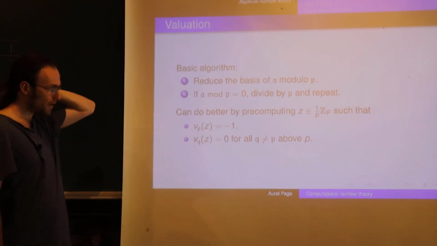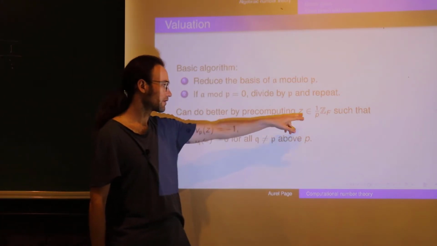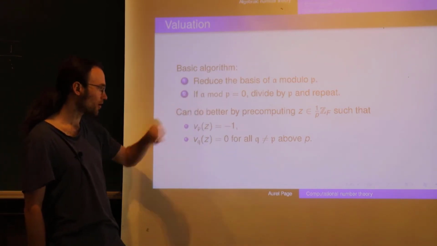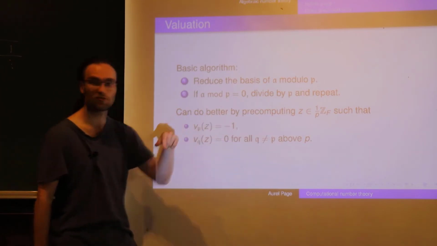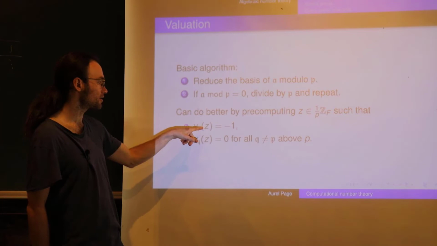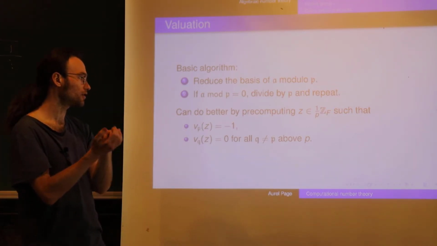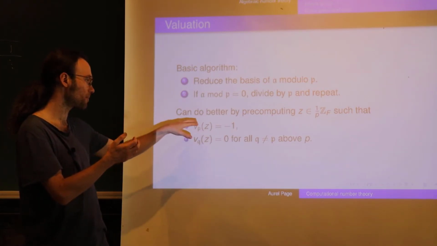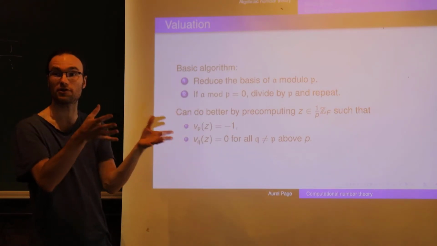You can actually do better if you pre-compute some element with denominator at most P that has valuation -1 at the prime you're interested in, and 0 at all the other ones above P. And the reason for that is that when you multiply an ideal by p, you will see denominators appearing if and only if you multiply by a power that is larger than the valuation with which P actually appears in the ideal.